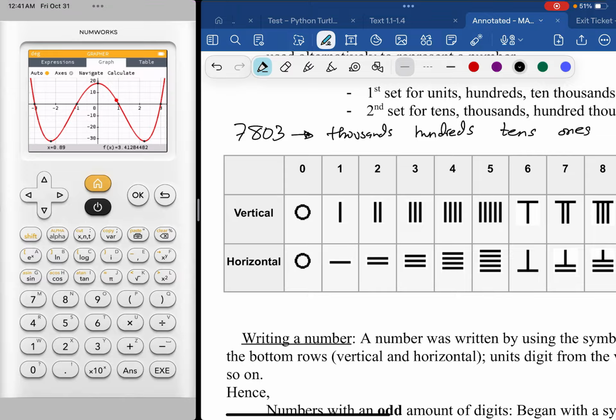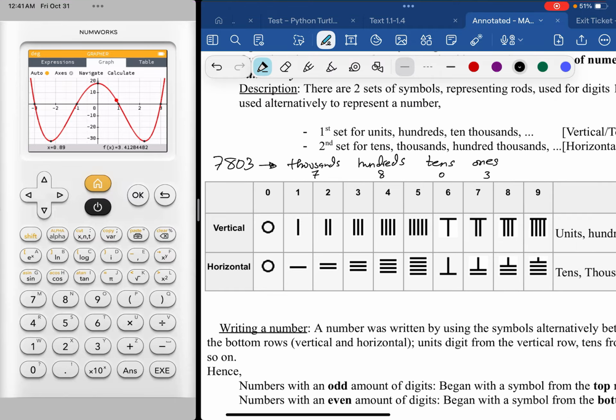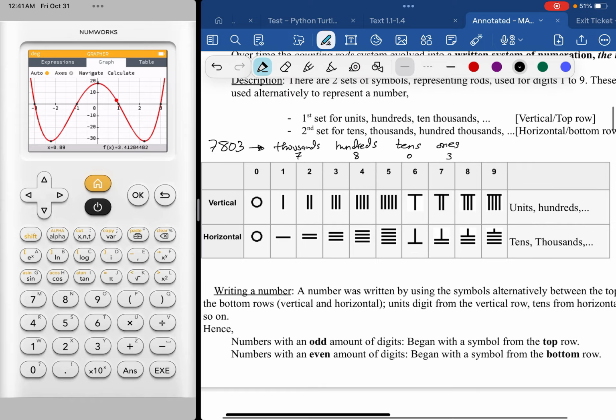In the thousands place we have a 7, in the hundreds we have an 8, in the tens we have a 0, and in the ones we have a 3. What this numerical system would do is break up the place values based off of horizontals and verticals, corresponding to different places within the numeral, digit by digit.